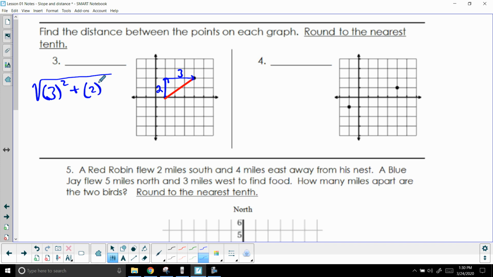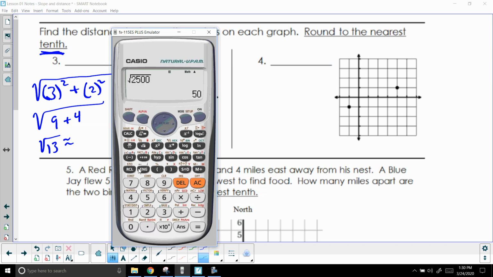Now work it out. 3 squared is 9, 2 squared is 4, 9 plus 4 is 13. Again, use your calculator. This time they say round to the nearest tenth. That's 1 decimal place. Root 13 equals 3.6.